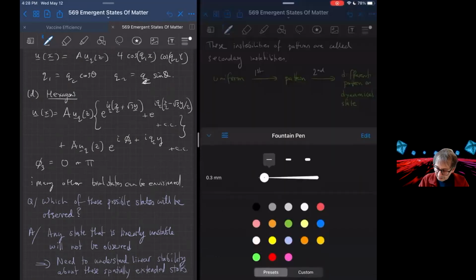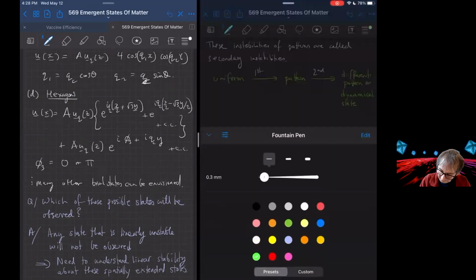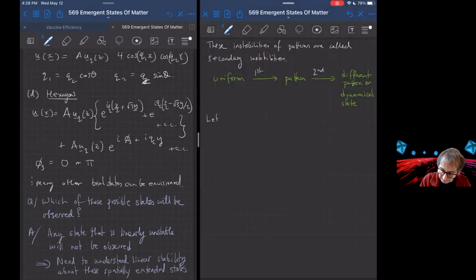let's now talk about how one, in principle, does this kind of secondary instability analysis. So let's suppose that we started off with a uniform state, and then we formed a pattern.